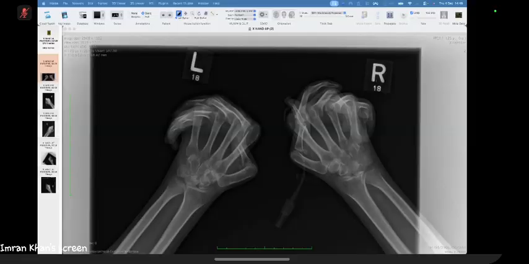I'm not sure, to be very honest. Let me see if I can give you remote control. Candidate 3. Okay, candidate 3. I'm just waiting for you to take screen control. Okay. Have you got it? Yes. Can you see now?